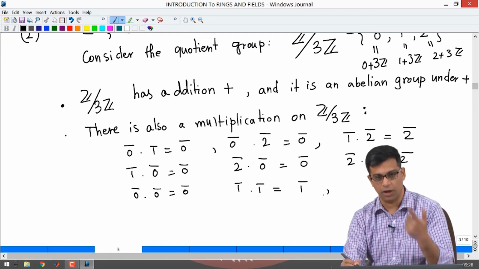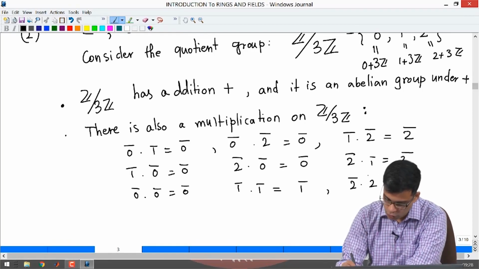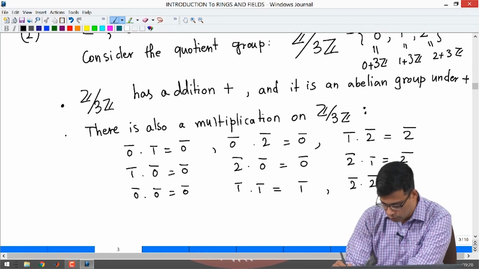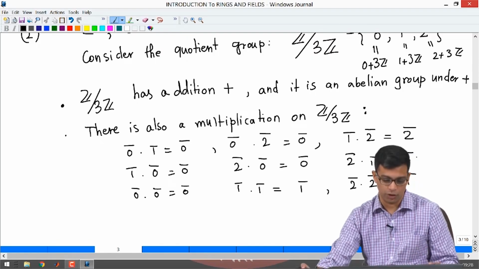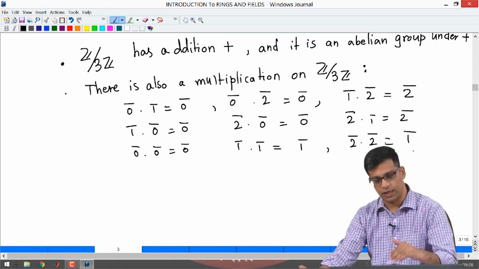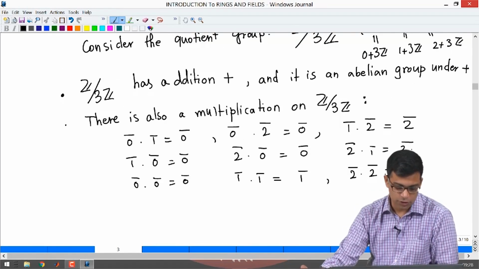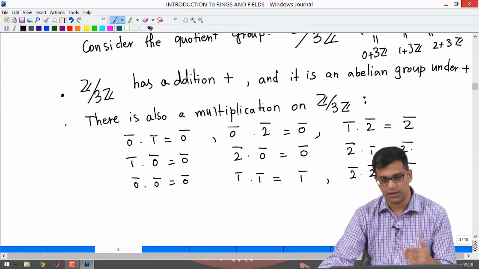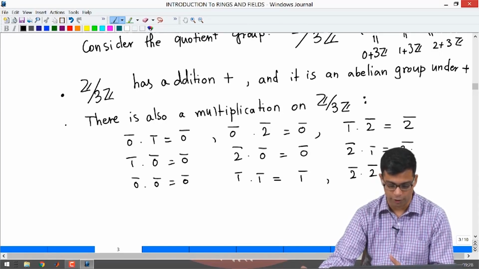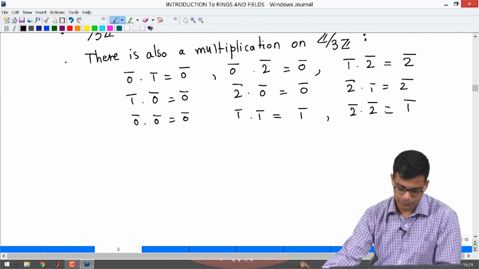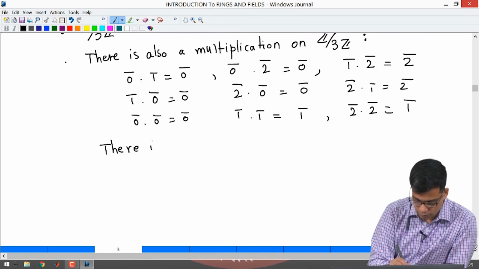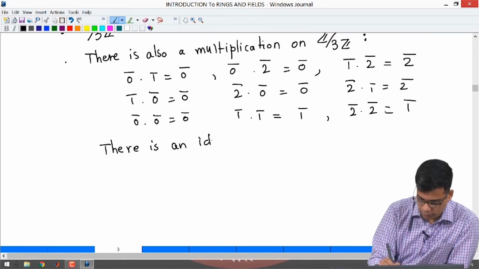It is 1 times 1, so it is 1 bar. 2 bar times 2 bar is 4, but 4 bar is 1 bar, because 4 is 1 modulo 3. So this completely describes multiplication on Z mod 3Z. Now, if you stare at this carefully, I claim that this multiplication has all the properties that we want. There is an identity element. What is the identity element?